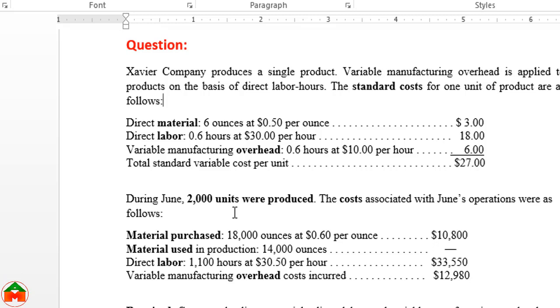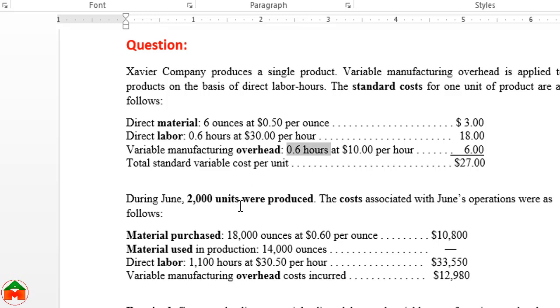So for the purpose of solving the math, we have to calculate standard quantity and standard hour by applying the actual production, which is 2000 units. We multiply this 2000 with the material standard quantity to get the standard quantity of material, with the standard labor quantity to get the standard quantity for labor, and with the standard overhead hour to get the standard quantity for hour.